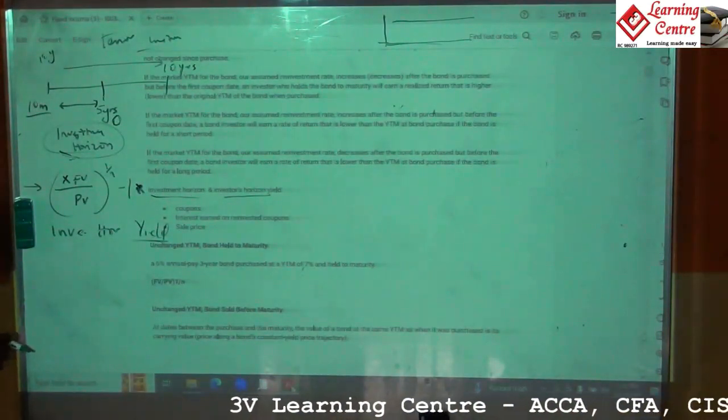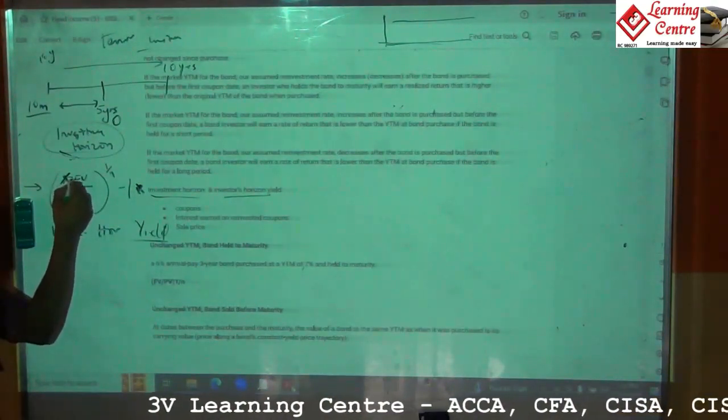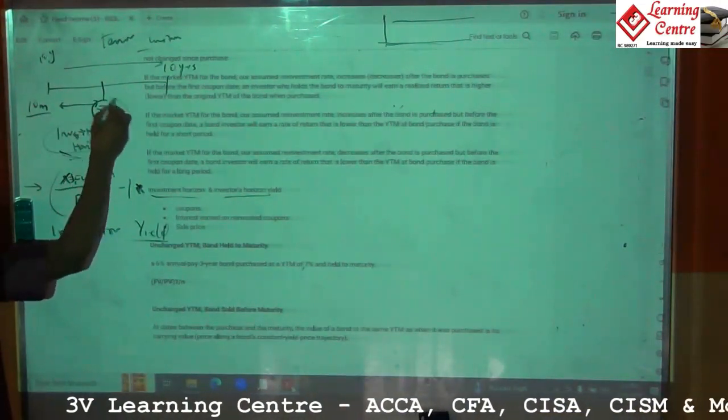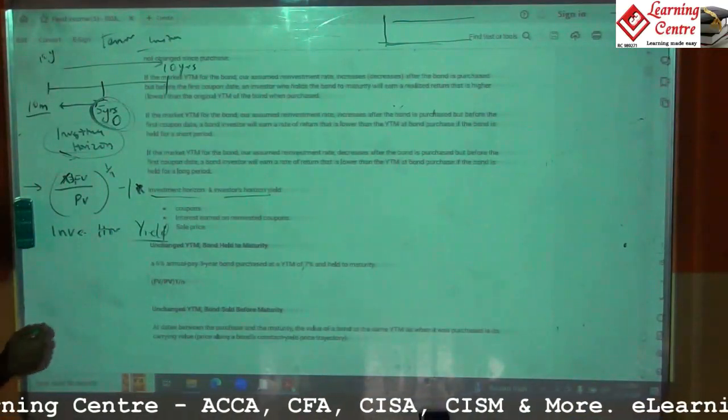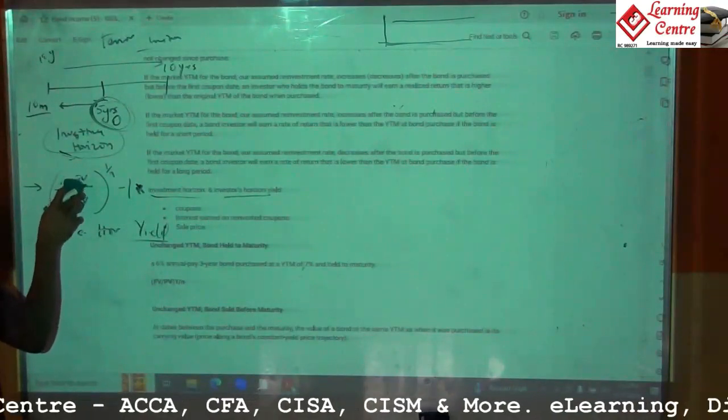What's X? This X will be the future value if I sell it.